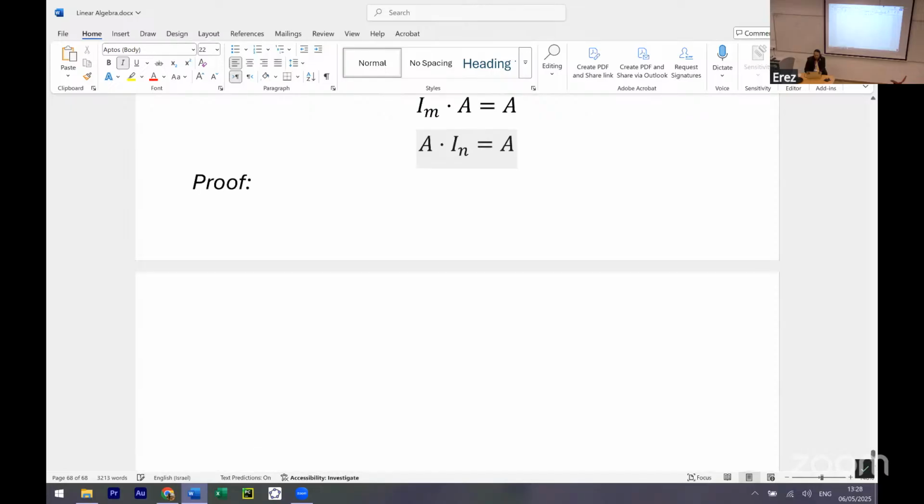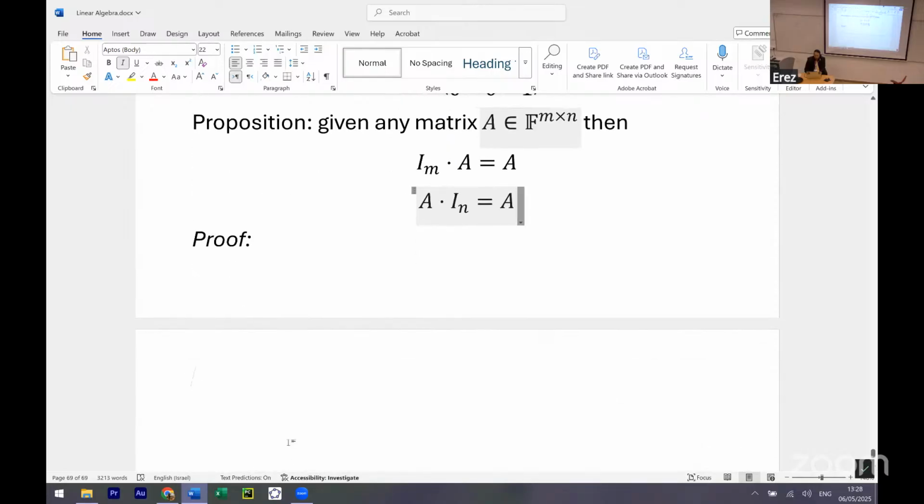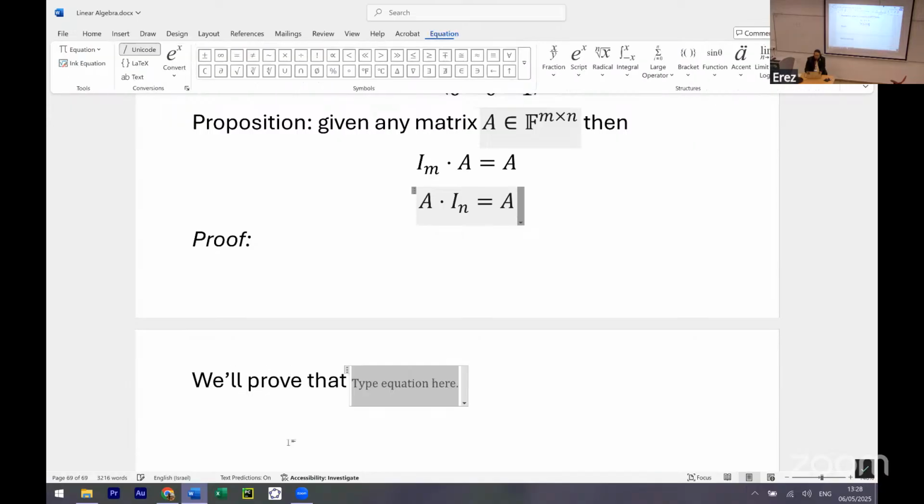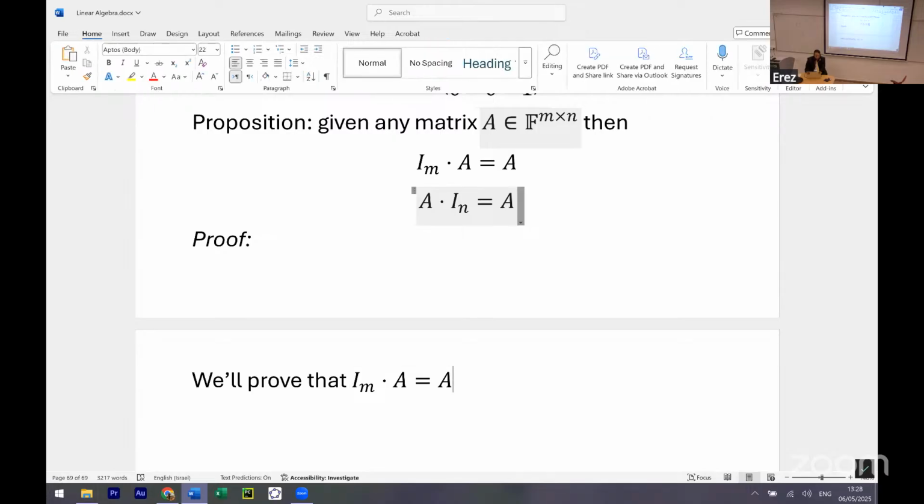So we'll prove that I_m times A equals A. And first, we need to prove that the sizes of these matrices are the same.